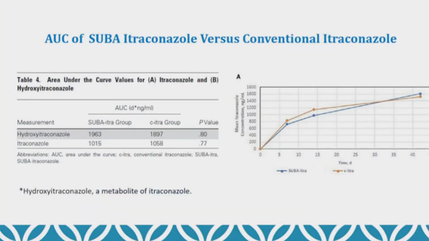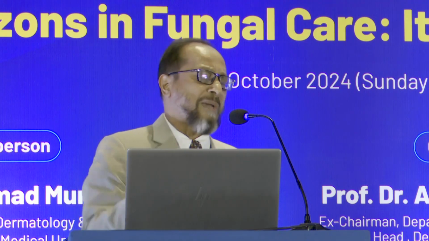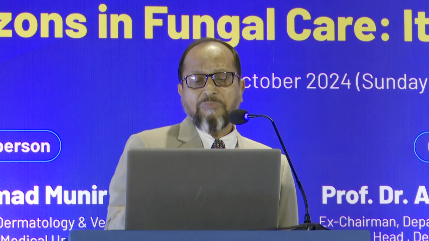As I told you, this graph will not signify everything, but what I understand is that the conventional dose is 100 milligram, or twice daily 200 milligram, and sometimes as tablet doses from 200 milligram. But this new technology will give everything within only 65 milligram. The area under the curve, the superimposing of the curves.